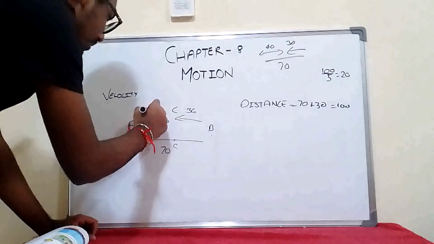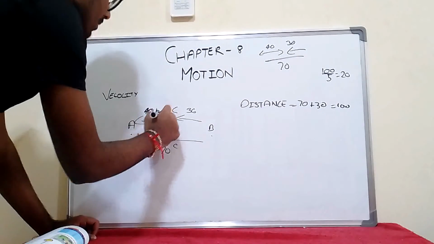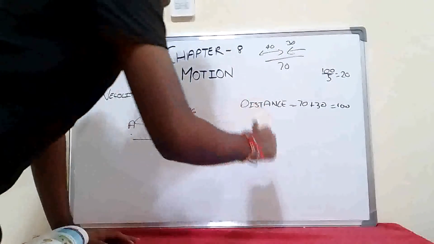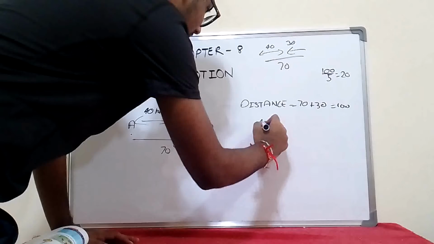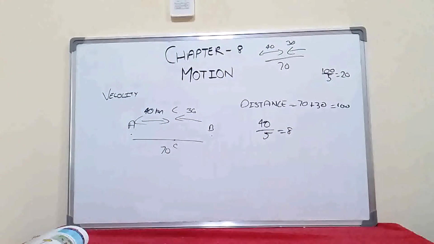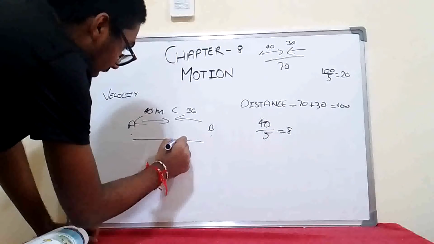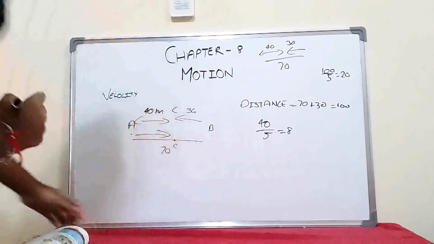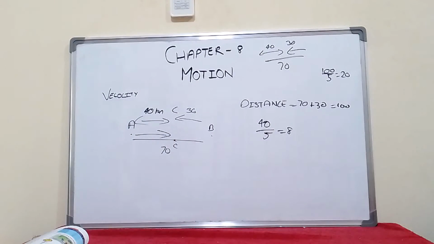So here the displacement is only 40 kilometers. So what is the velocity going to be? The velocity will be 40 by 5 hours taken, 8 kilometers per hour towards the right, because it has come till C, and C is towards the right direction of A. So here we can see what velocity is.